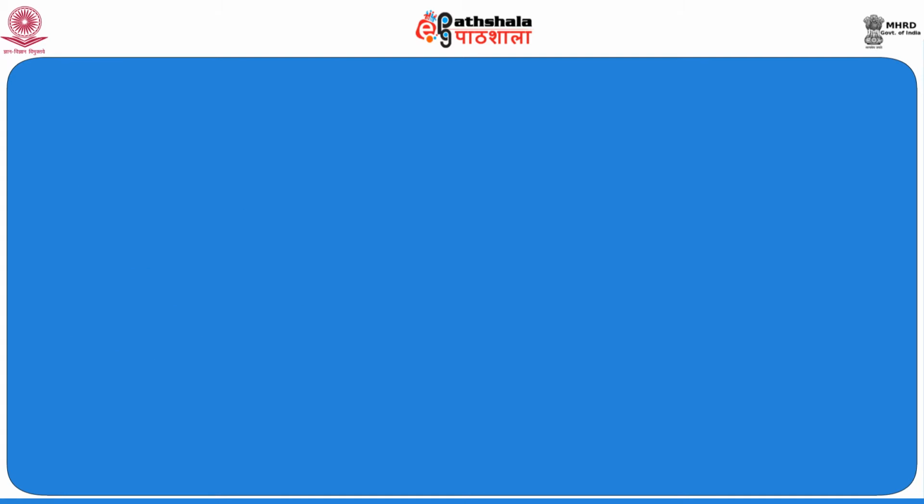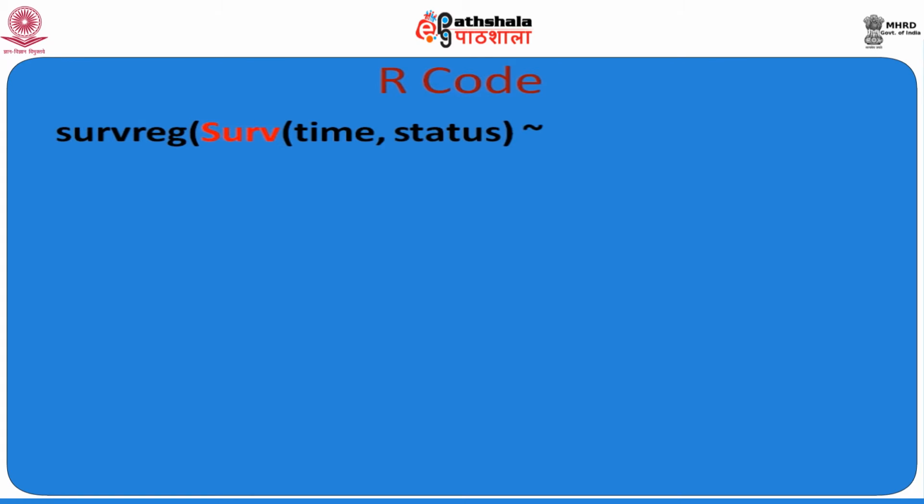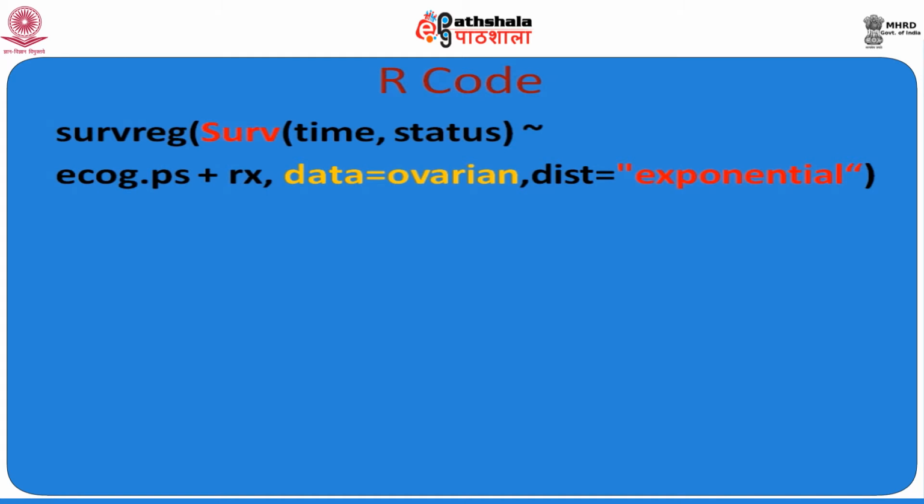Now we will work something more on this data set. Here Surv, time and status, and thereafter factors like ECOG.PS and Rx will be considered for the database called ovarian. Again we are assuming the distribution is exponential.